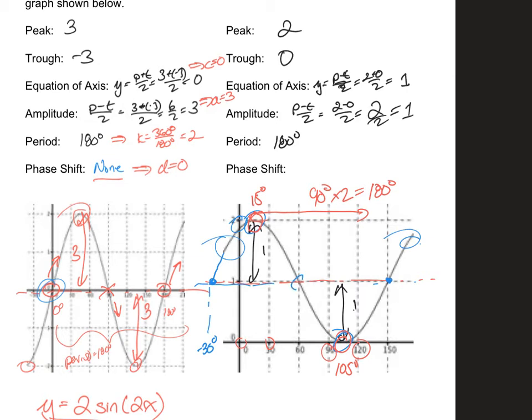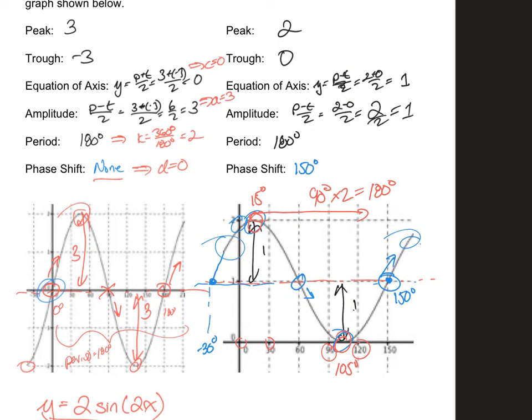Here is a point on our sine graph where it's at the equation of axes, but here it's going down, so that's not where the sine graph starts. The sine graph starts at the equation of axes and goes up. So we keep coming along, and we find that point, and at this point the graph is going up. So we can say that that's where the sine curve starts, which in this case is at 150 degrees. So we can say that this phase shift is 150 degrees to the right.